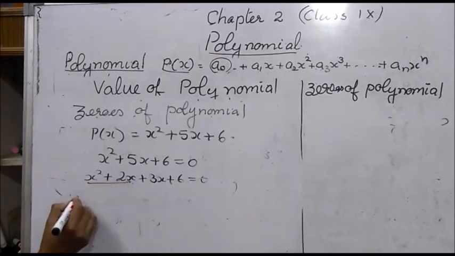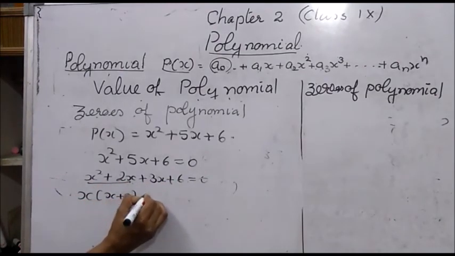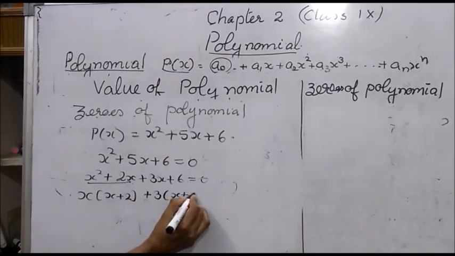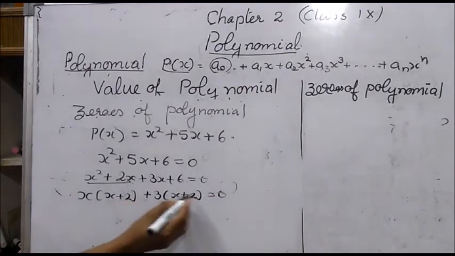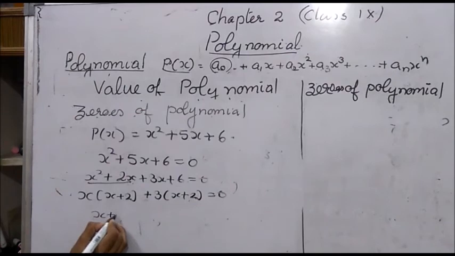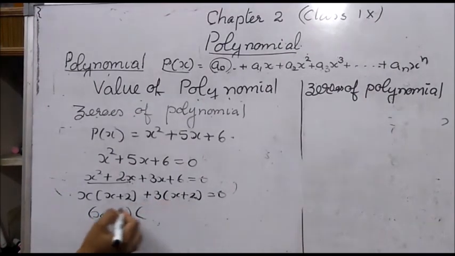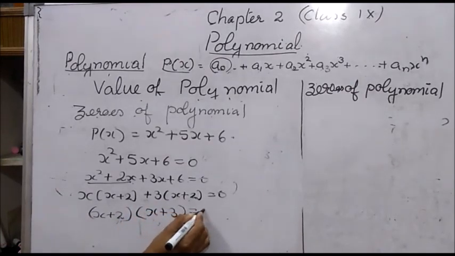Taking x outside, x plus 2, from here 3 we will take outside, x plus 2 equal to 0. Again x plus 2 is common in both. So x plus 2 taken outside, x plus 3 equal to 0.